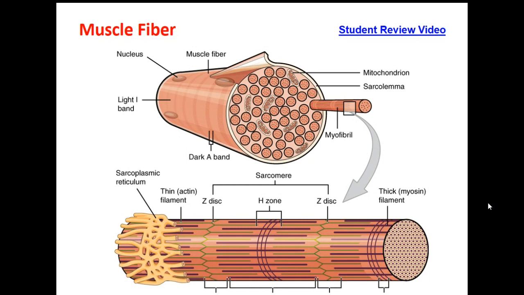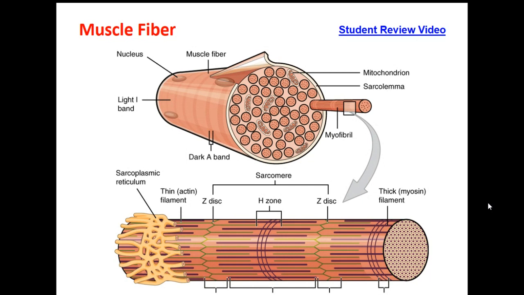These thinner, lighter colored ones are called the thin filaments, and they're made up of the protein actin. And you can see that the actin, the thin filaments, overlap the thick filaments. Here's the thick filament, and the thin filament overlaps it here.